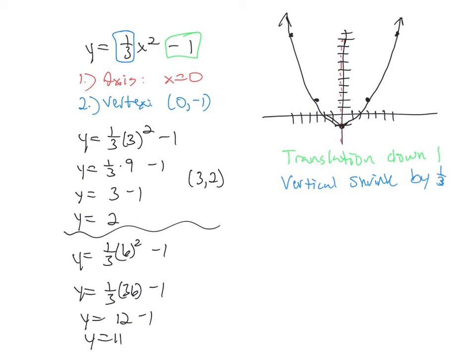It just means it doesn't go up as fast. And you might think, well, good night, it went all the way up to like 11. Well, that's when I went over 6. 6 squared is 36. If I didn't have that 1/3 in the front, I'd go up 36. So it's shrinking by how much? Divide it by 3. That's why we did the divide by 3 in the solving part.